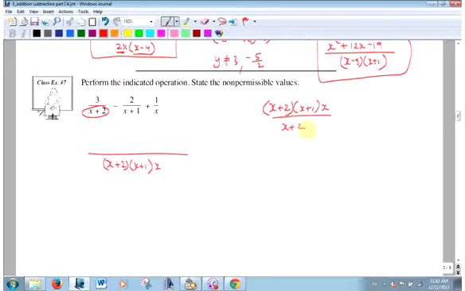Here's a good example. What if you FOILed that? Would you see how many times this went in there? Actually, this isn't FOILing. This is FOILing, then multiplying by x. You wouldn't have a clue, would you? Here I see that goes in there x plus 1 times x times 3. Minus.